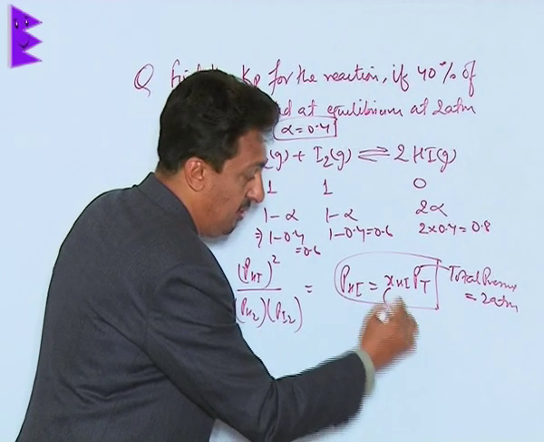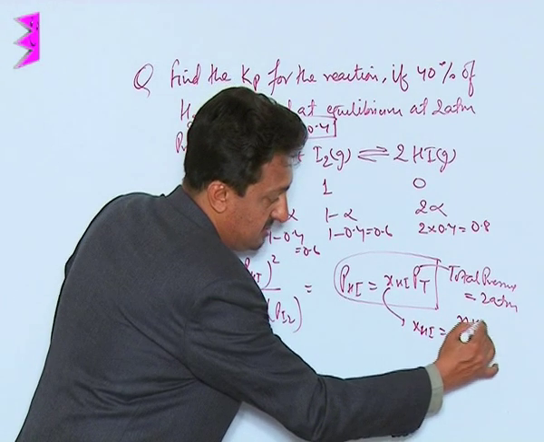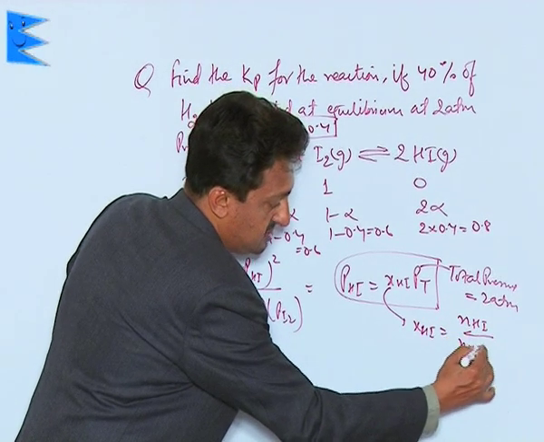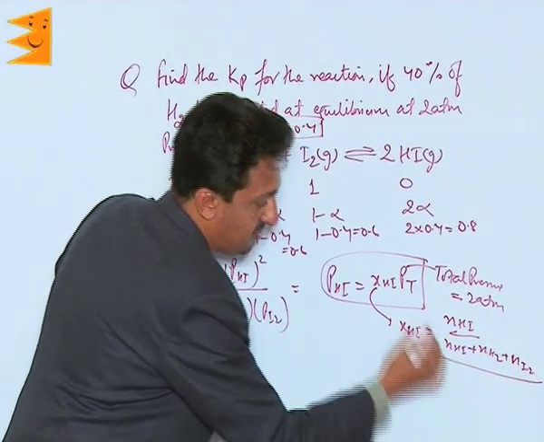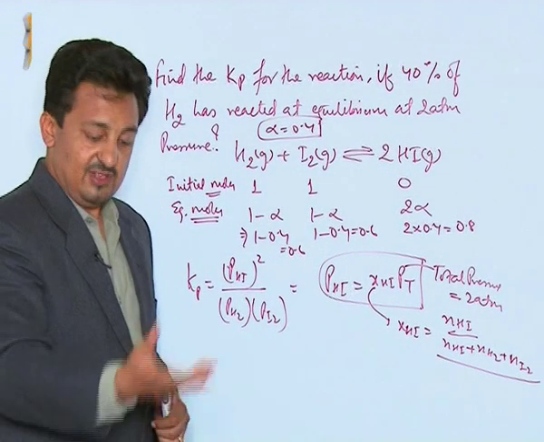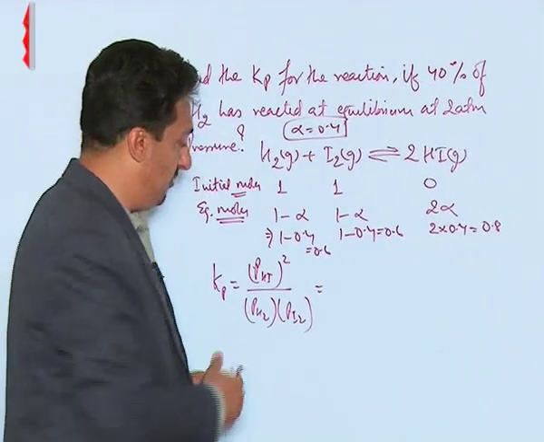Whereas how to find out mole fraction? The mole fraction of HI will be equal to the number of moles of HI upon number of moles of HI plus number of moles of hydrogen plus number of moles of iodine. That means total moles.